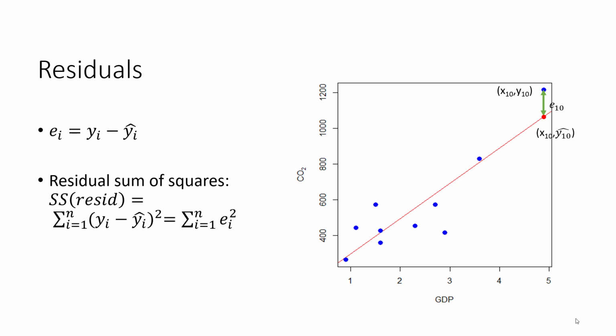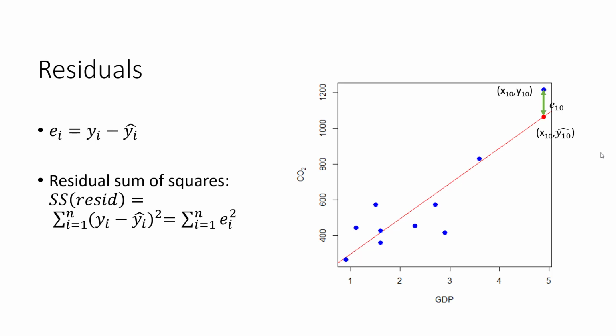Unless you have a perfect linear relationship, in the real world, not every data point falls exactly on the straight line. The vertical distance of a point from a line is called residual, e i, and here is the residual of the 10th data point. Some points are above the line while other points are below the line, so they are positive and negative residuals.